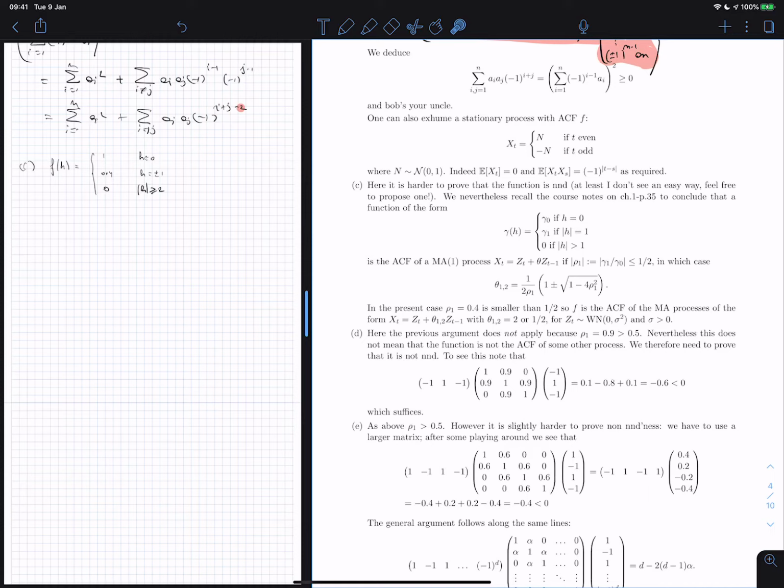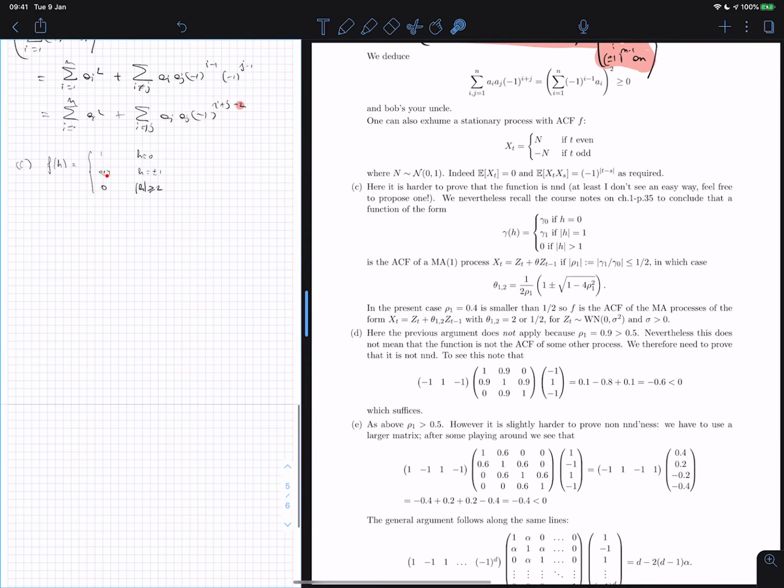So on page 35 of chapter 1, what we saw is that this guy here is the autocovariance function of a moving average of order 1 if and only if the difference between this term here and this term here is less than 1/2. But that's the case here, because 0.4 divided by 1 is less than 1/2.